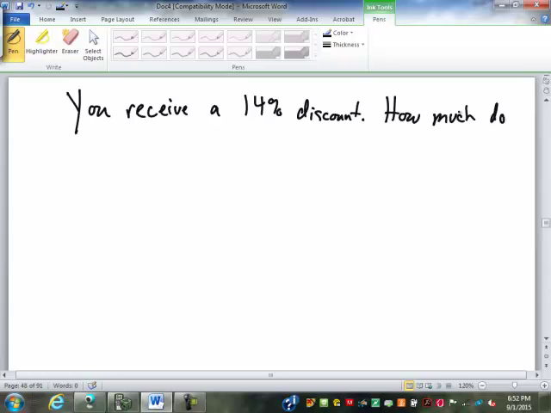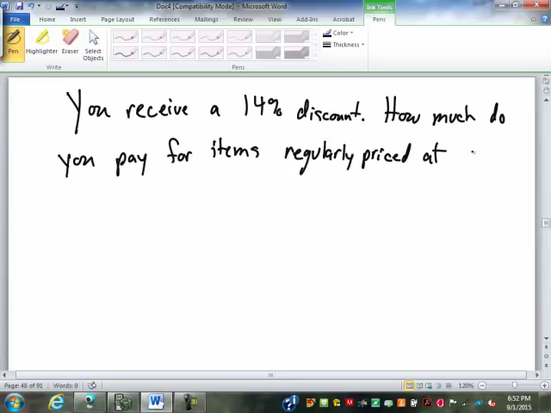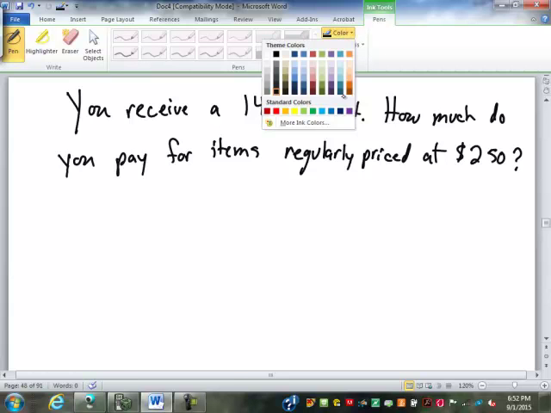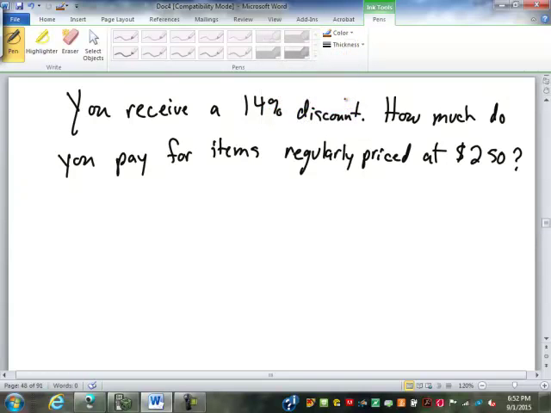How much do you pay for items regularly priced at $250? So in this case, a discount, is that going to be an increase or a decrease? It's going to be a decrease. It's going to make the number smaller.